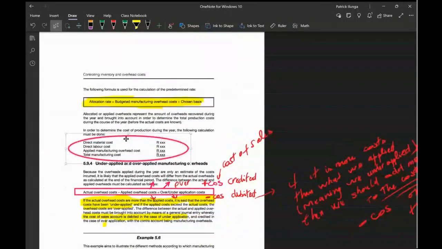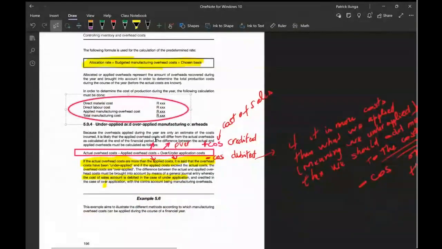Okay? That's where the principle of under applied and over applied manufacturing overhead comes in. Simple. If the actual overhead cost is greater than what we budgeted, which means applied, then we will have either an over or an under application.